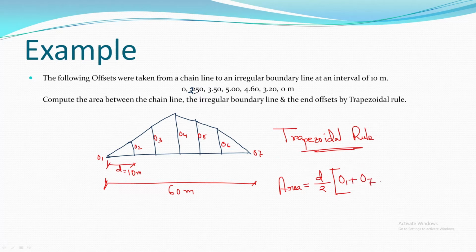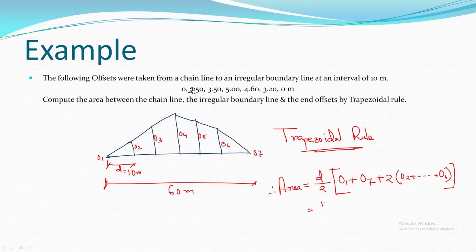So O7 plus 2 into others. What are the other ordinates? O2 to O6. So O2 plus O6. If you put the value, you will get the area using the trapezoidal rule.